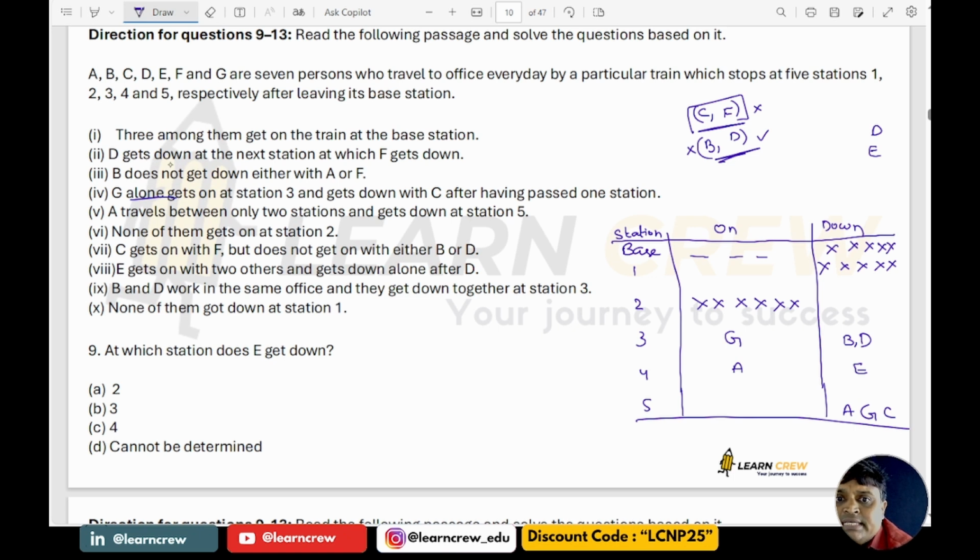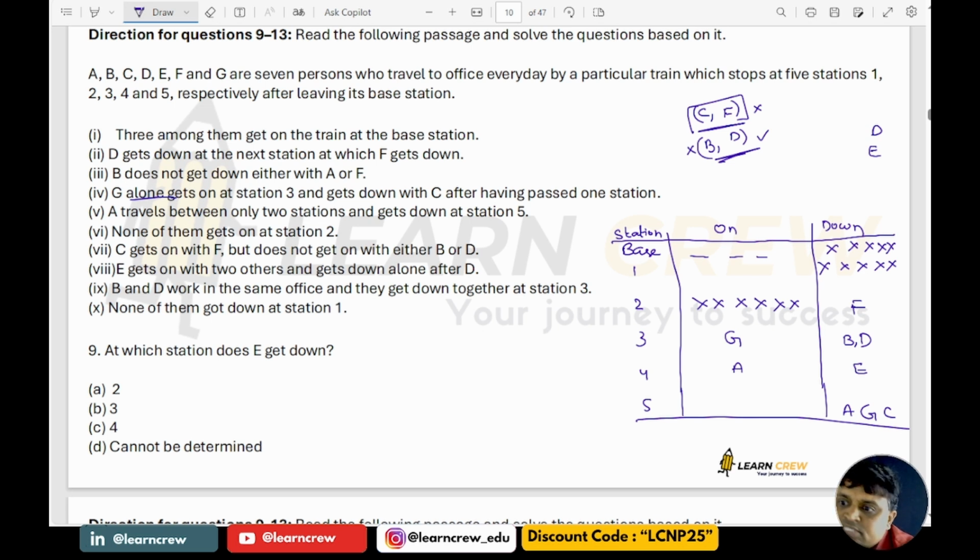So D gets down at the next station at which F gets down. So D gets down in 3rd, so F gets down here in the second station.